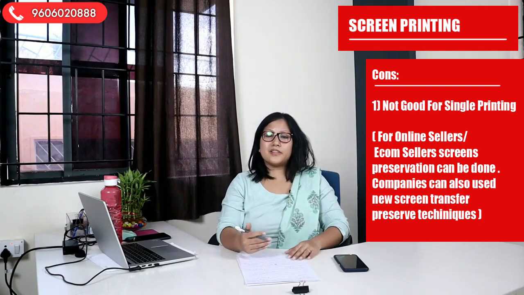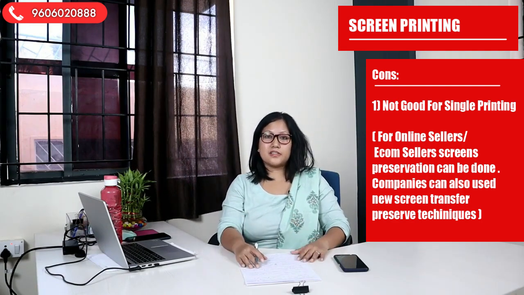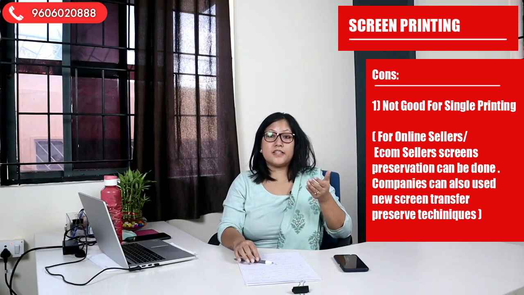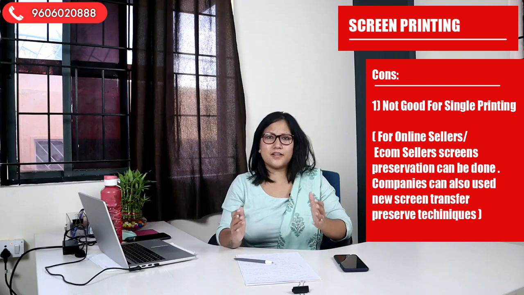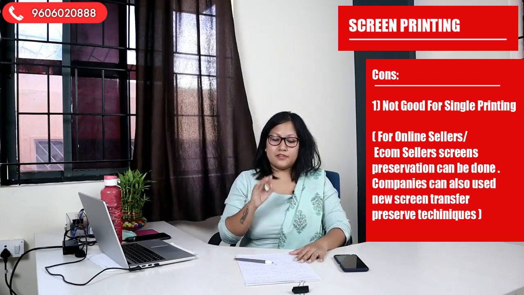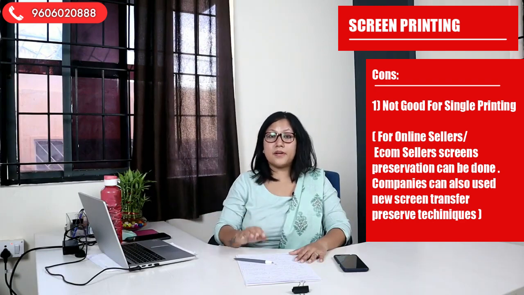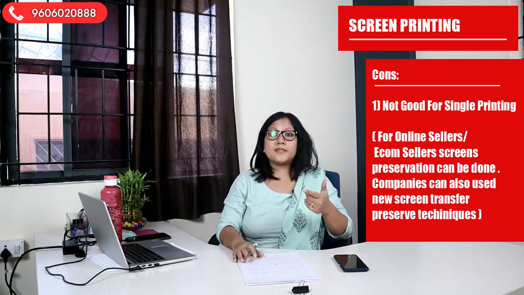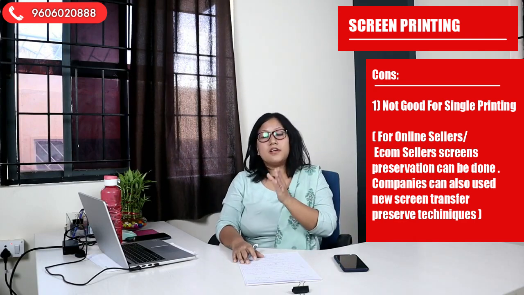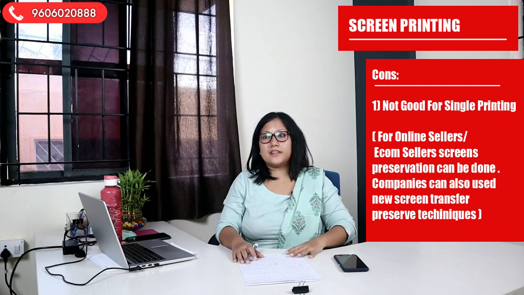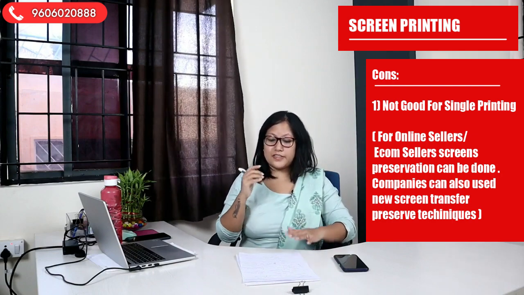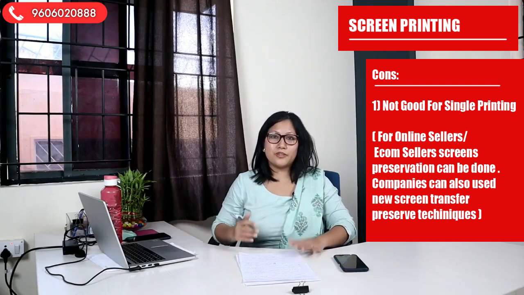Let's go to the disadvantage of screen printing. The disadvantage is that single print is a little difficult. People feel it's a little difficult to do a single print. But for that, many other processes have come up. You can do transfer printing, that is a screen printing transfer process, for a single color and also multicolor, for online sellers, because it's difficult to preserve lots of frames together.